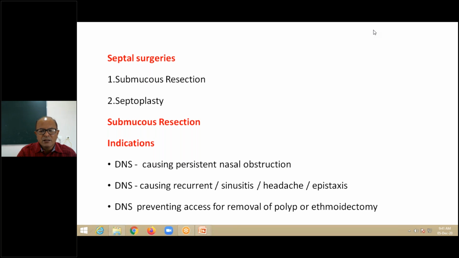After thinning it, you make small holes for the suture to pass, and then you take the perpendicular plate of ethmoid and splint the cartilage. You followed? Could you follow?